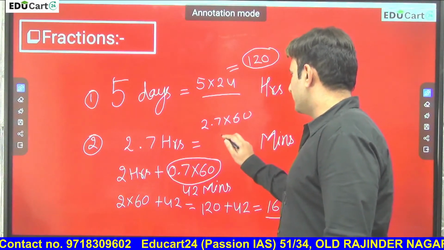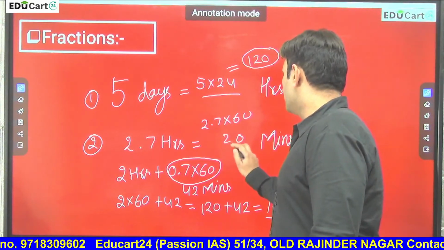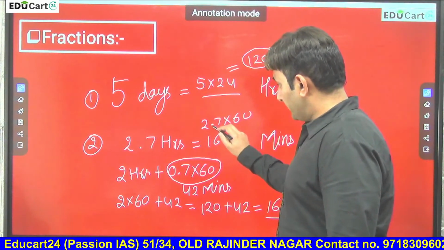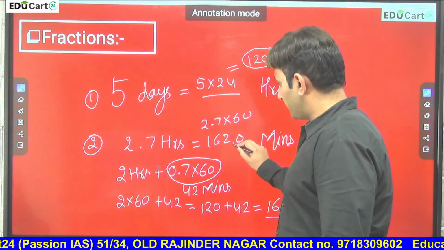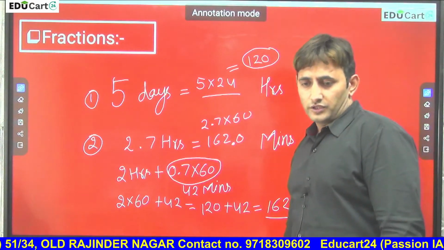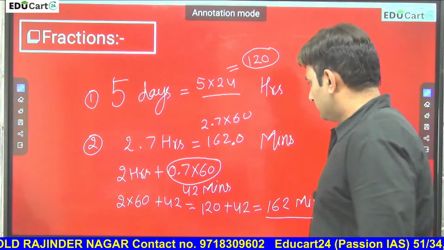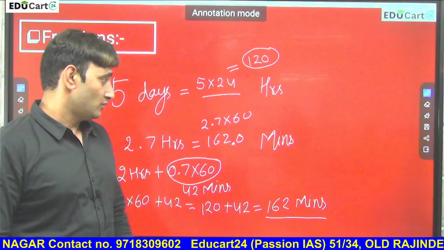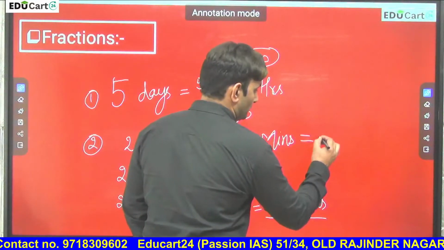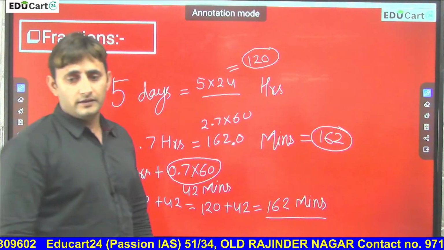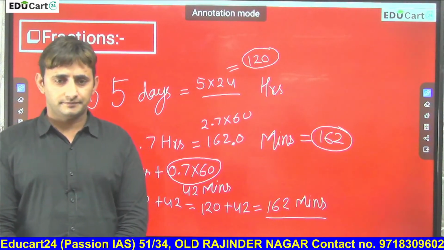So this will be 0, 2, 6, 1. After the decimal there was one digit, so we will put a decimal here. After the decimal, if there is any 0, then its value is not that relevant. Okay, my dear. So the answer is 162 minutes. Clear, my dear?